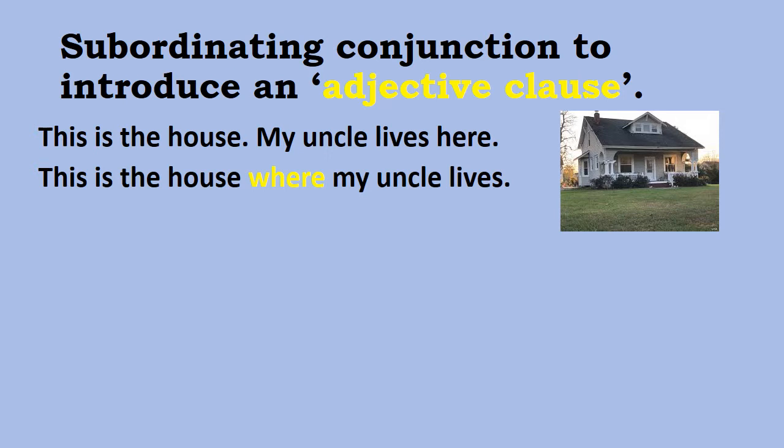So what did we do? We replaced "here" with "where". In the first sentence, the word "here" is at the end, which we have removed, and "where", a word that shows place, has been introduced before the subordinate clause.